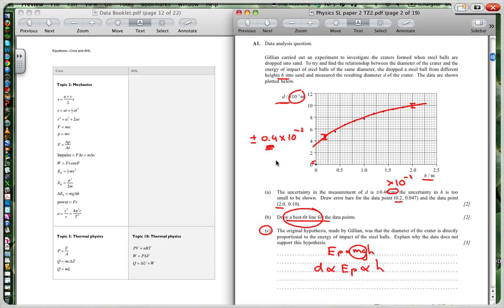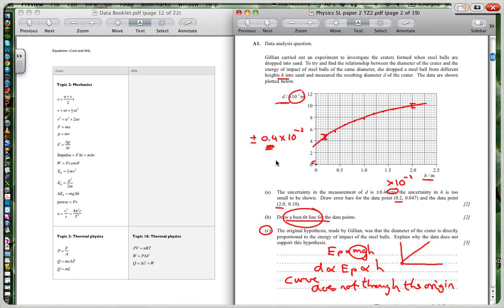So if you've got a direct proportion graph, we would be expecting a straight line through the origin. Because this line is a curve, and because it does not go through the origin, the hypothesis is not supported.